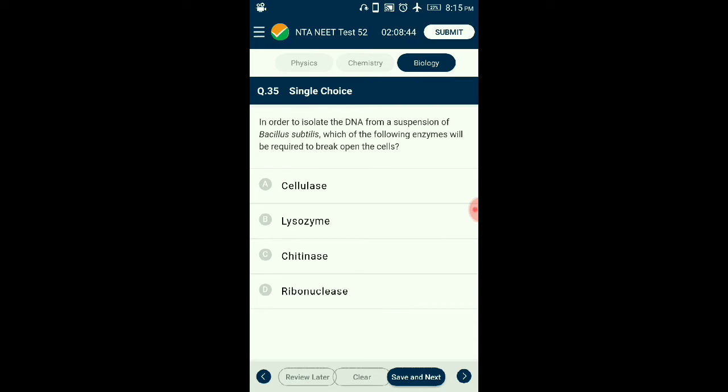This can be achieved by treating the bacterial cell or plant or animal tissue with enzymes such as lysozyme, a bacterial enzyme, cellulase, isolated from plant cells, and chitinase, used to digest the cell wall of fungus. So the answer for this question is option B, lysozyme.